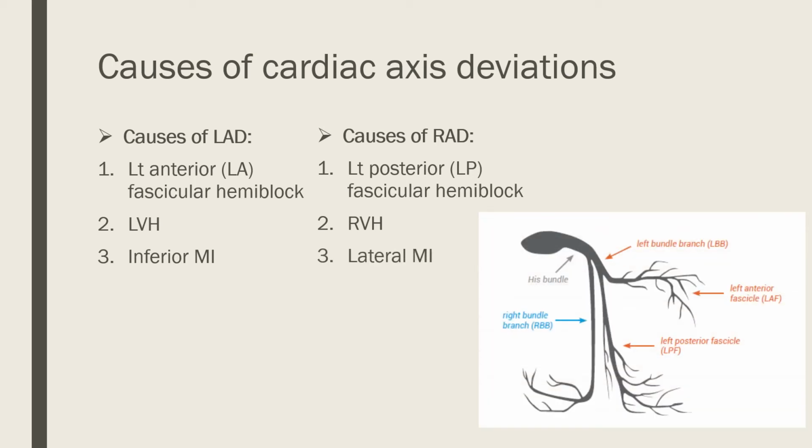This figure shows the bundle of His and its branches into left and right bundle branch, and the left bundle branch is composed of two fascicles, left anterior fascicle and left posterior fascicle. If we have right bundle branch block plus left axis deviation or right axis deviation, this means that the patient has bifascicular block.